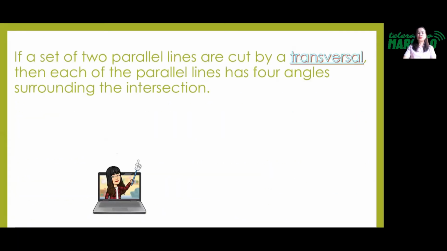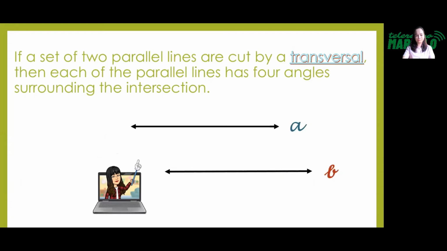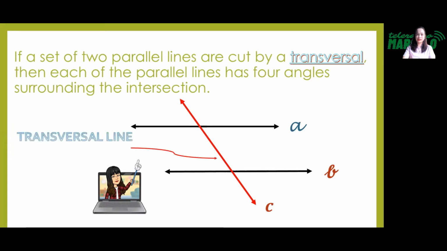If a set of two parallel lines are cut by a transversal, then each of the parallel lines has four angles surrounding the intersection. Say we have line A and line B. These lines are cut by transversal line C. Around the intersection of line A and C are angle 1, angle 2, angle 3, and angle 4.